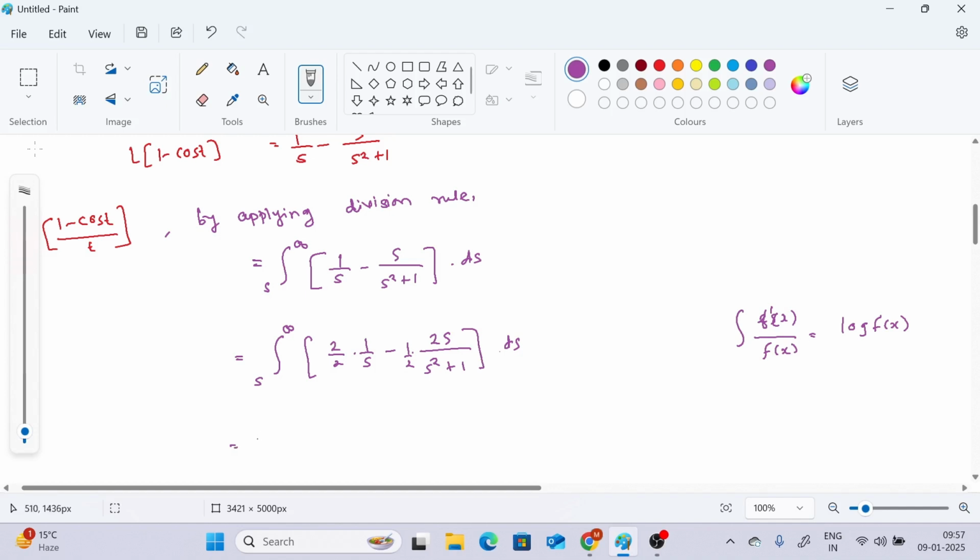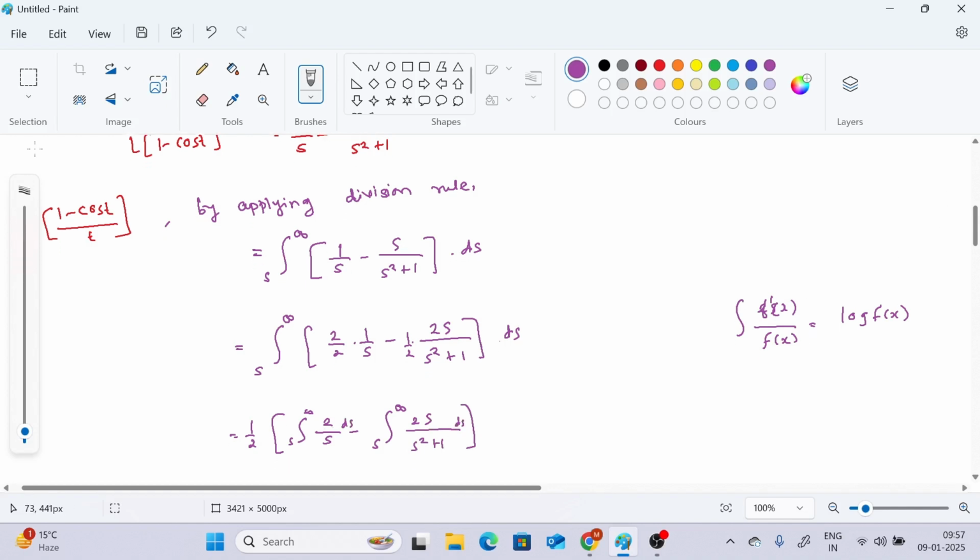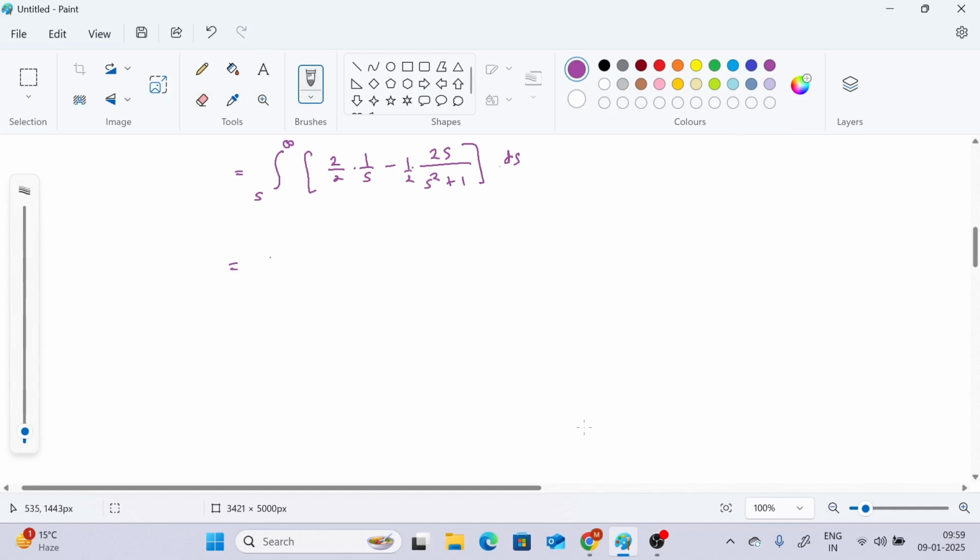So I'm going to apply the same logic here. Now I'm going to take 1 by 2 common: integral from s to infinity of 2 upon s minus integral from s to infinity of 2s upon s square plus 1, ds. I will take 1 by 2 outside, integral from s to infinity of 2 upon s minus 2s upon s square plus 1, into ds, right?